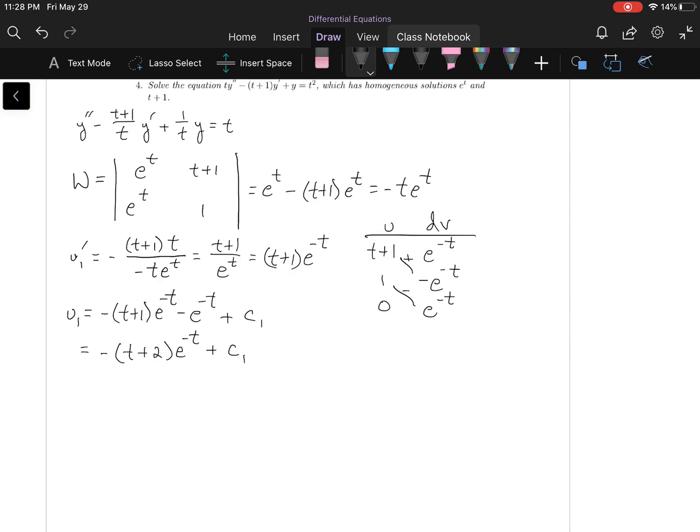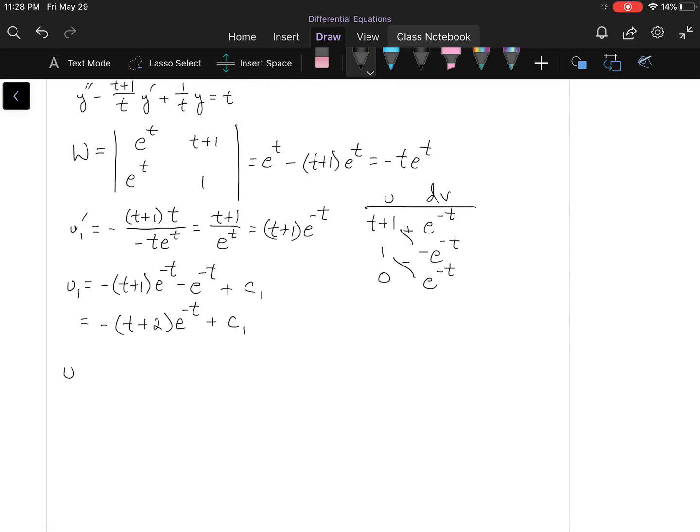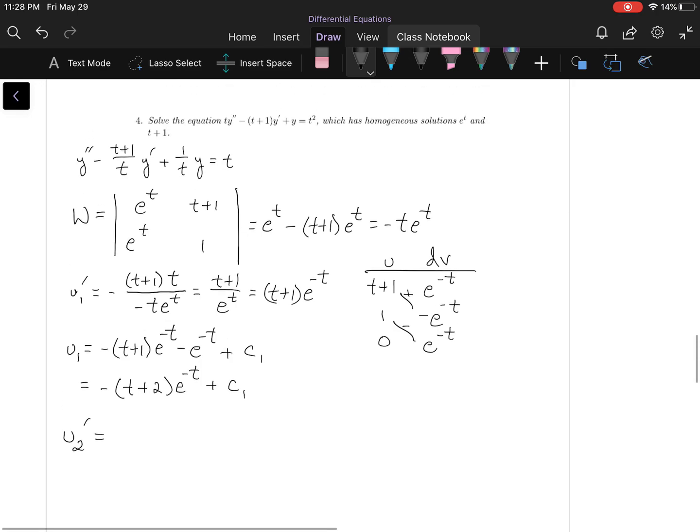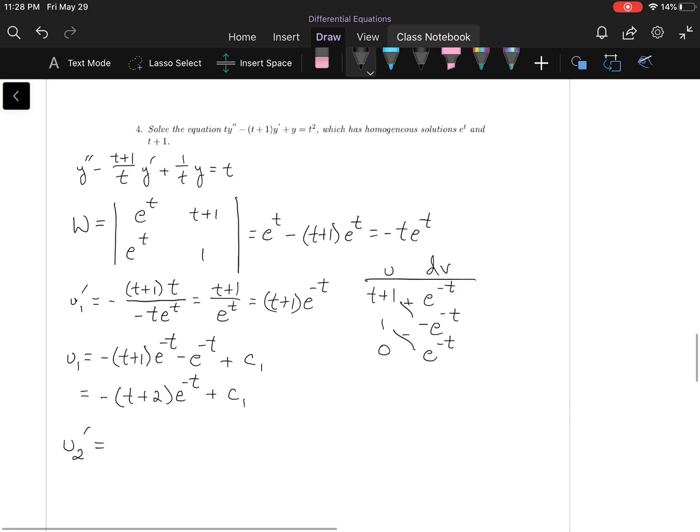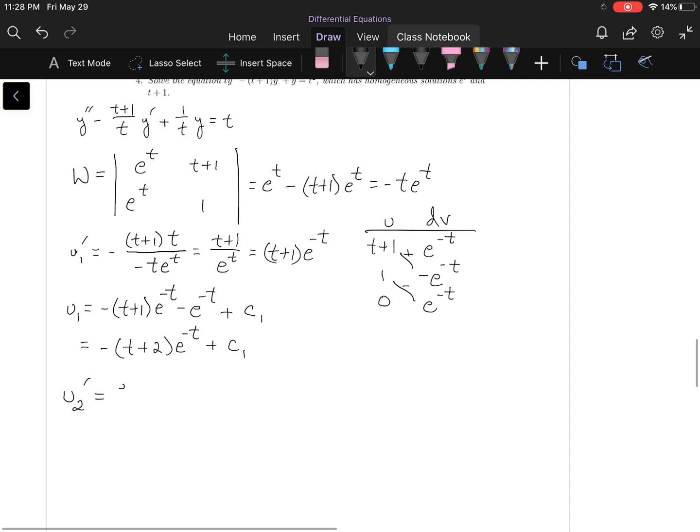Now let's work through u2. u2 prime is going to be positive times the y1 solution, which was e to the t. Then g is t, and we are dividing by negative t e to the t. This works out very nice to just be negative 1, which means our u2 solution is going to be negative t plus c2.